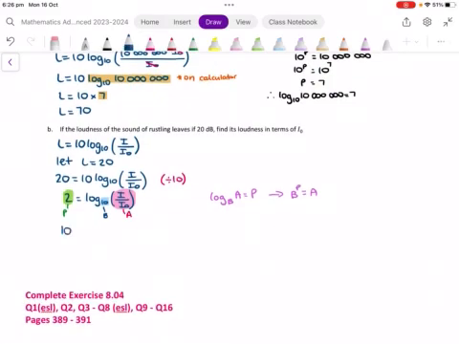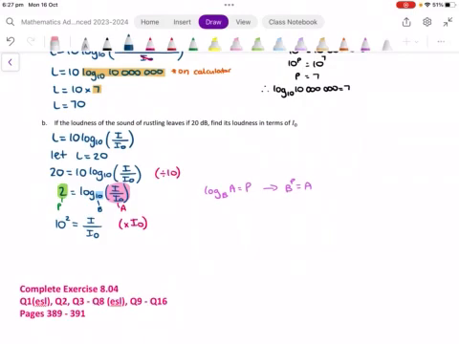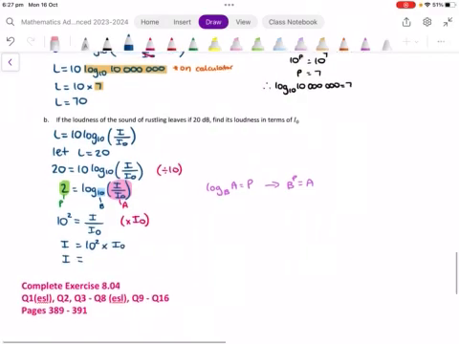So this is 10 to the power of 2 equals I over I0. Now we want to find out the loudness in terms of I0, so we're trying to find I, and we multiply both sides by I0. So what we get is that I equals 10 squared times I0. We can just expand that: 10 squared is 100 I0.